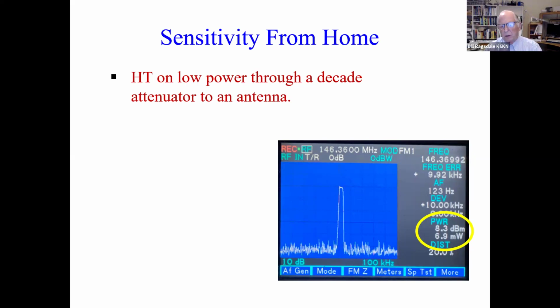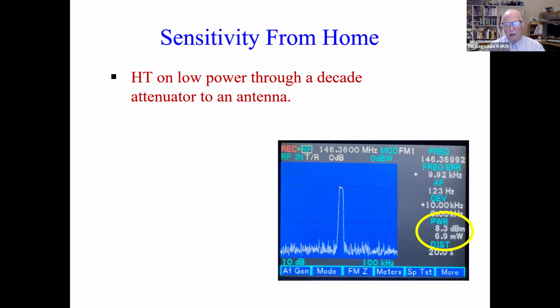And it's rather amazing, but I can hit the Bark repeater from my home with, as you see in that yellow circle down there, 7 milliwatts, 6.9 milliwatts. That's 6.9 thousandths of a watt, which is the equivalent to 8.3 dBm.